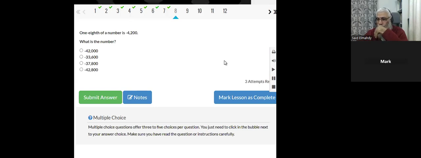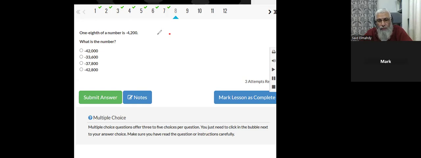So read this question. 1/8 of a number is negative 4,200. What is the number?